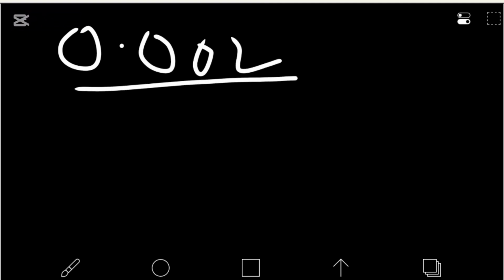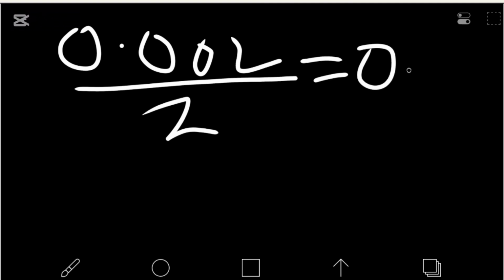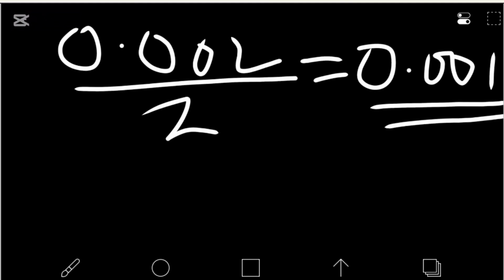So mole of hydrogen chloride is 0.002 divided by 2 is equal to 0.001. This is the mole of sodium carbonate.